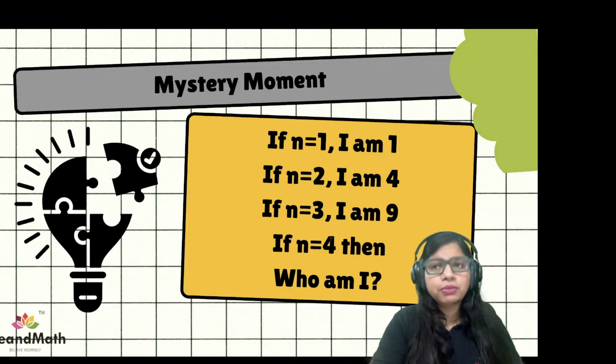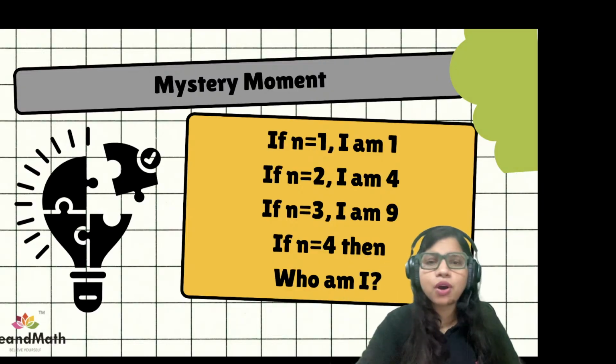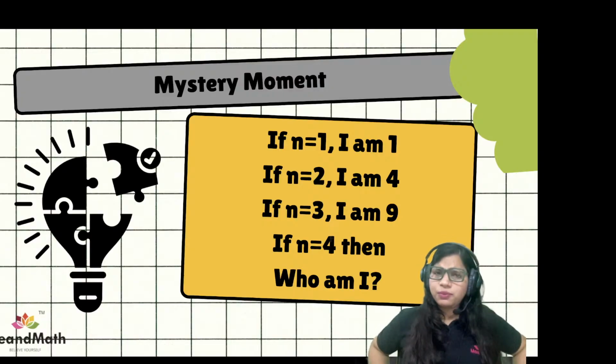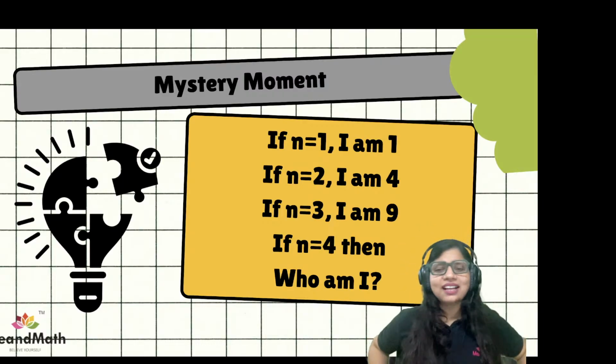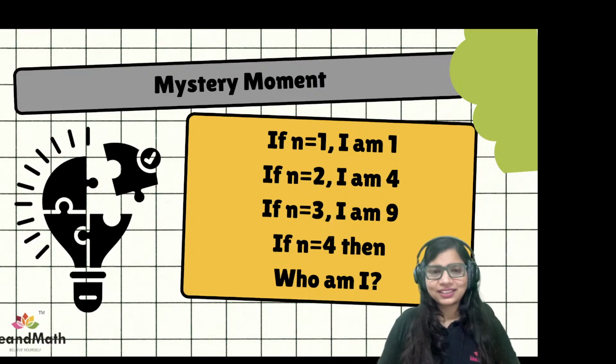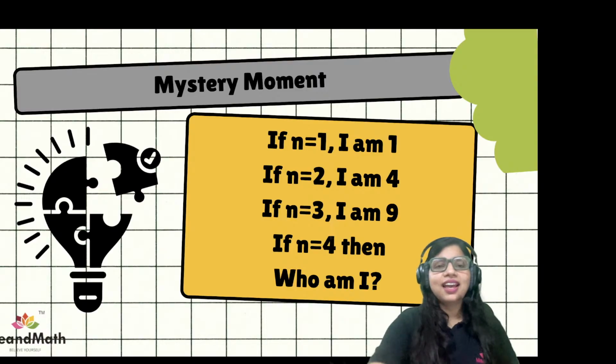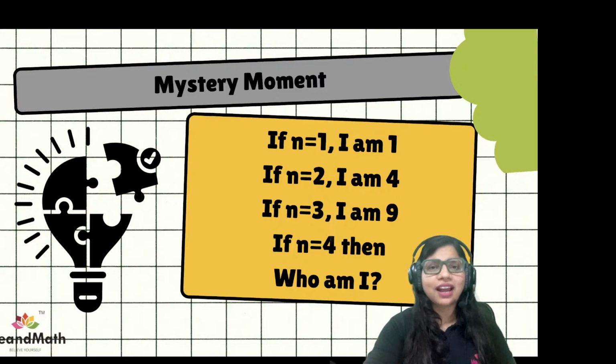Algebra Part 2. Before we really start that, we have a mystery moment. If n is 1, really? We did this earlier, remember? Who's going to tell me the answer quickly? This is the mystery moment, but you can right away fix it.